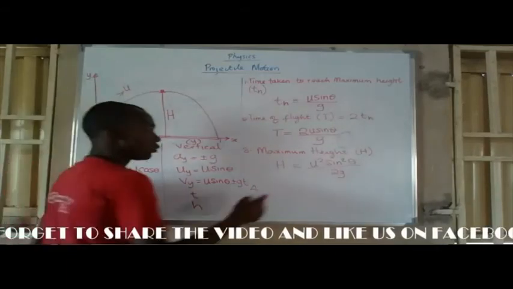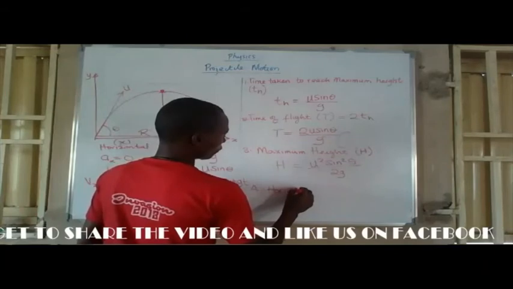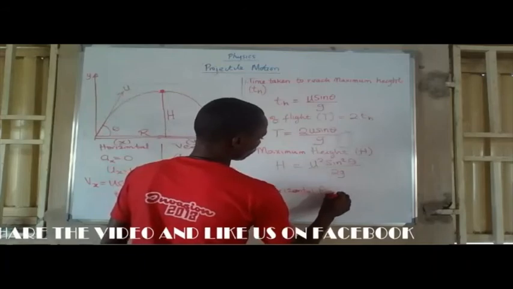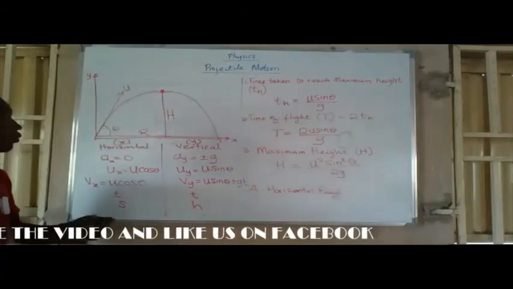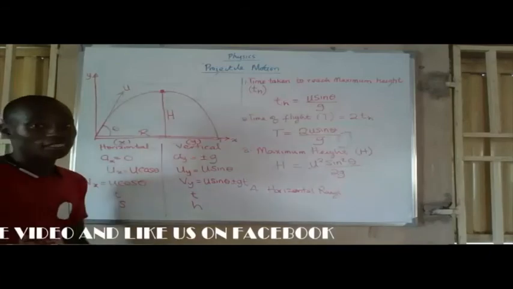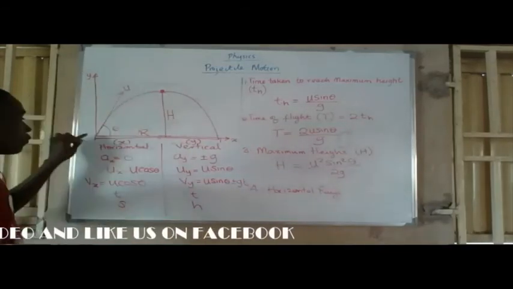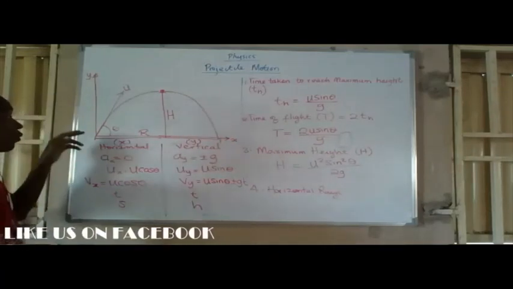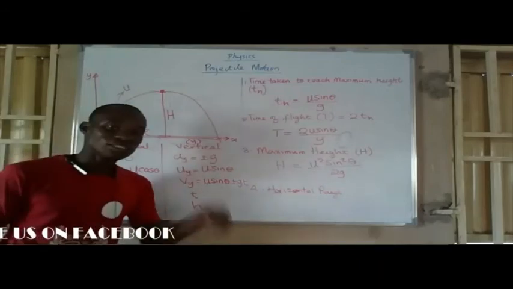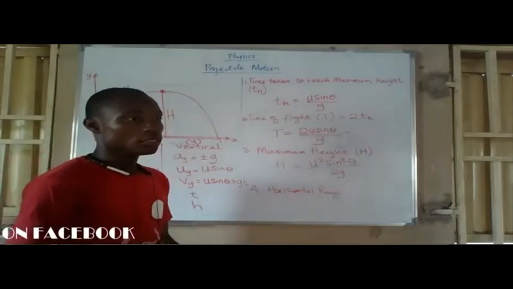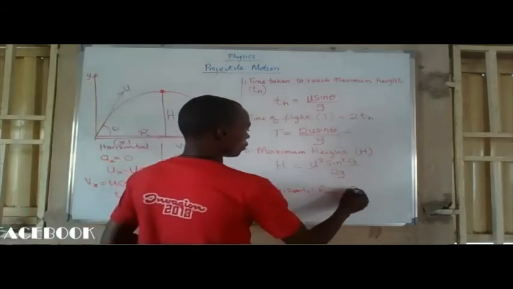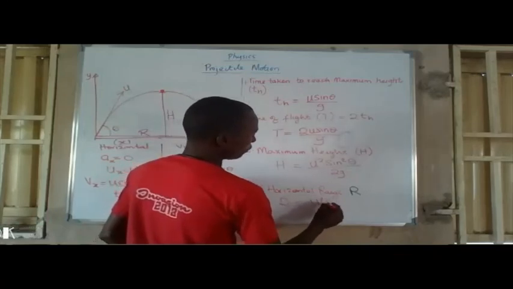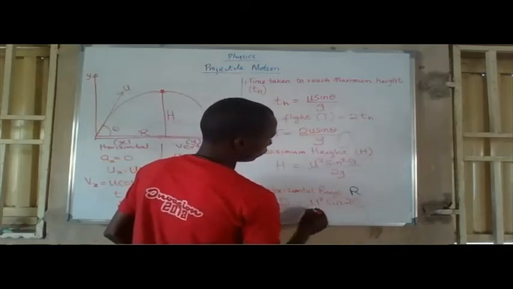Then we have the horizontal range. This is the horizontal distance between the point of projection and the point of landing on the same level as it was initially projected, and the horizontal range is denoted by R, and that is represented by u square sine 2 theta over g.